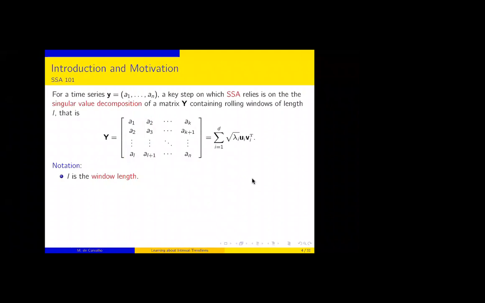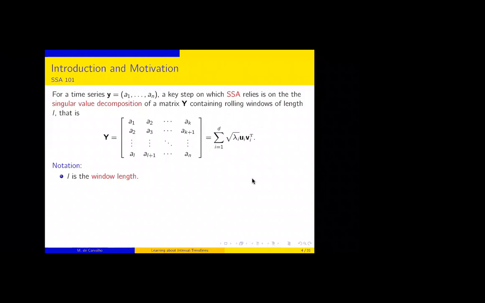And then what you can do is apply singular value decomposition. And what is singular value decomposition? Roughly speaking, it is just a linear algebra methodology that allows you to separate a matrix and decompose it in this way.